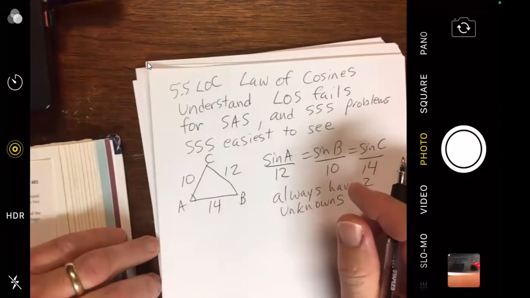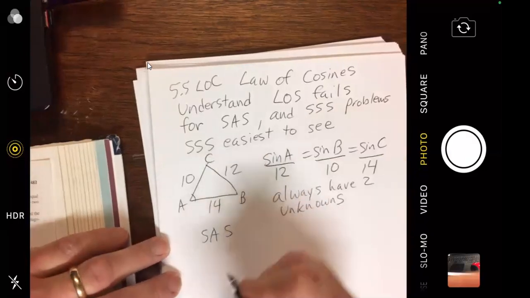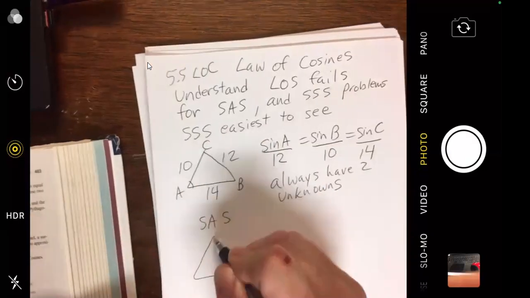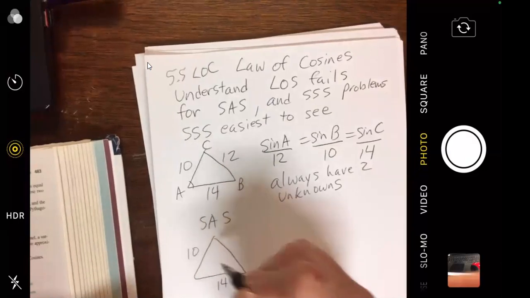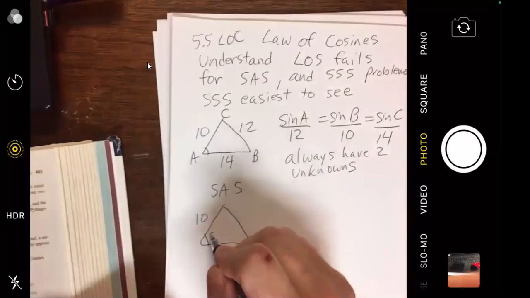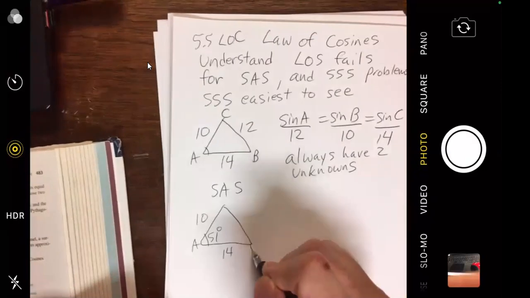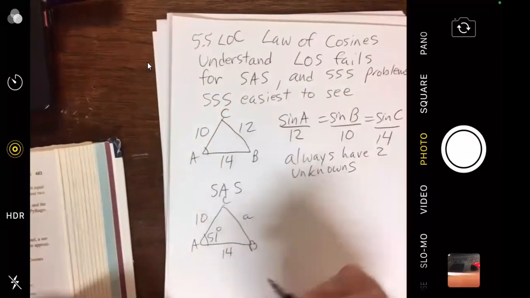Side-angle-side would be like this: you have sides 10 and 14, and 51 degrees between them. Angle A, angle B, angle C, this little a.